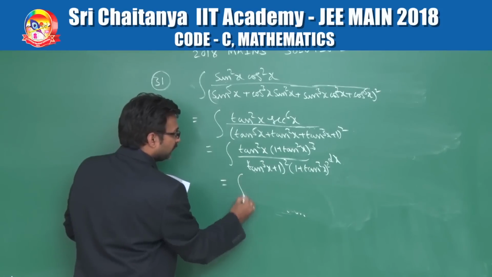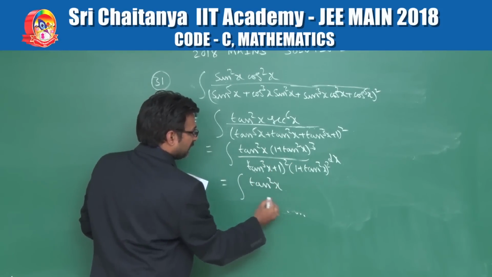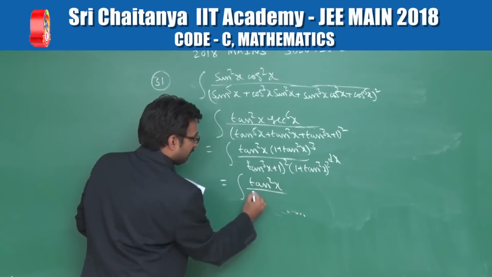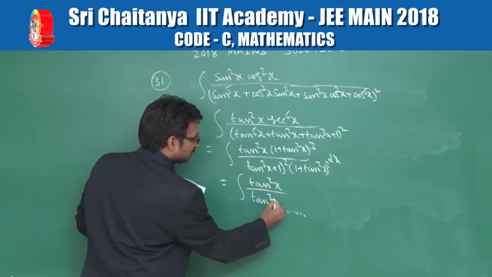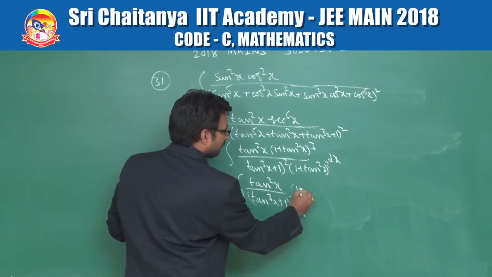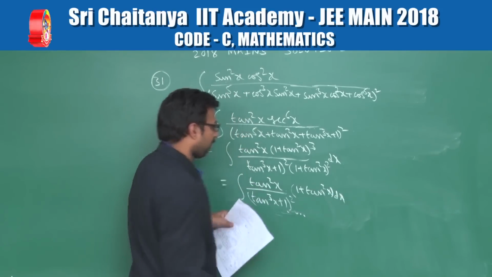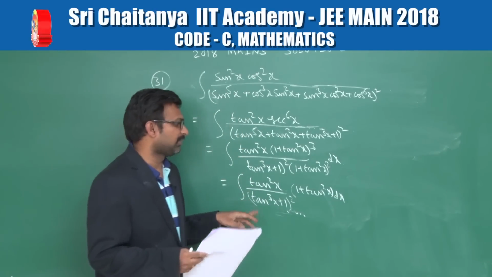That is equal to integration of tan square x divided by (tan cube x plus 1) whole square into (1 plus tan square x) dx. Now the problem has come to the simplest form.